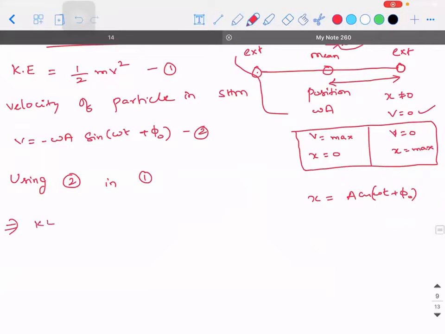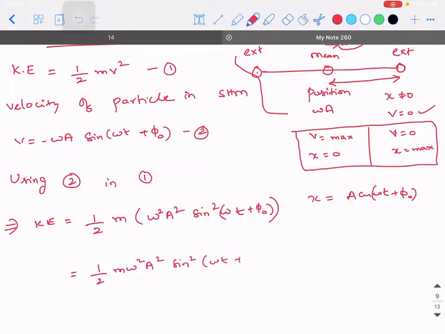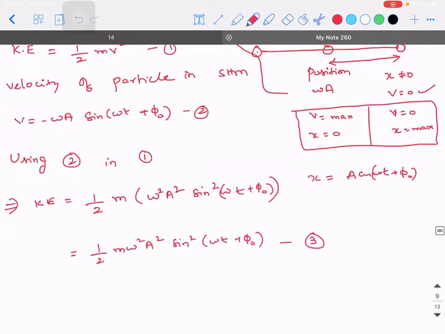We get kinetic energy is equal to half m into v square. V square is omega square a square sine square of omega t plus phi naught. So this will be half m omega square a square sine square of omega t plus phi naught. Let this be equation number 3.